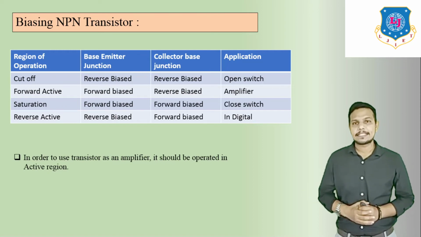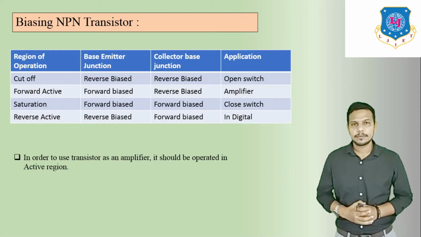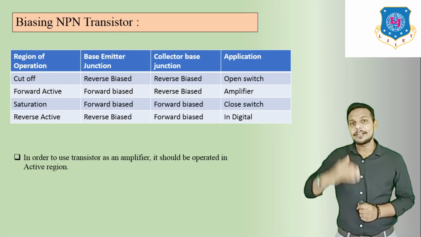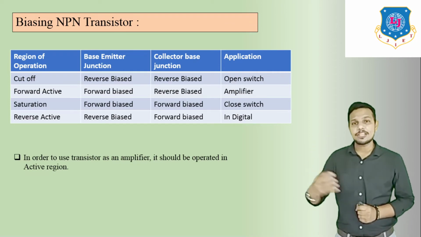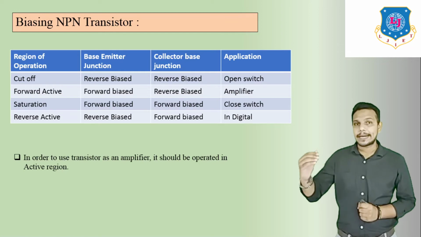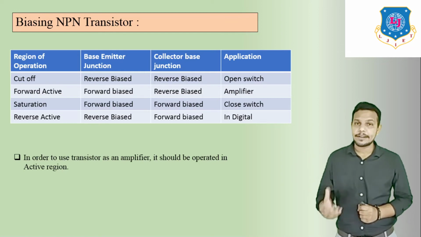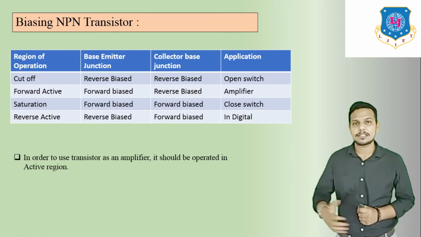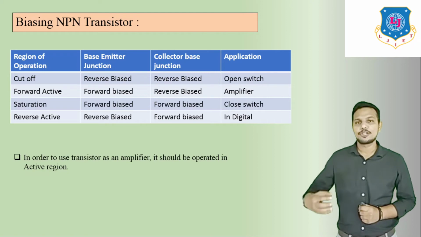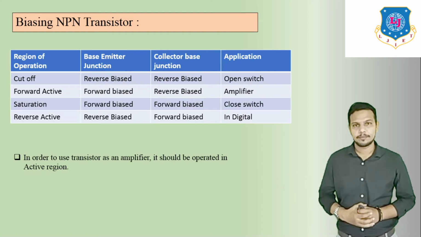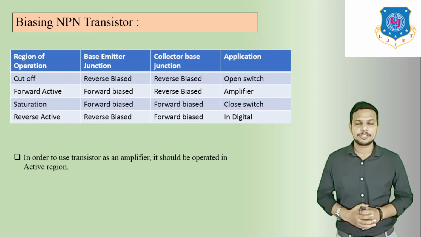Here we can see the regions of operation. If the base-emitter junction is reverse biased and the collector-base junction is reverse biased, both reverse, that region is known as the cutoff region. Its application is an open switch.